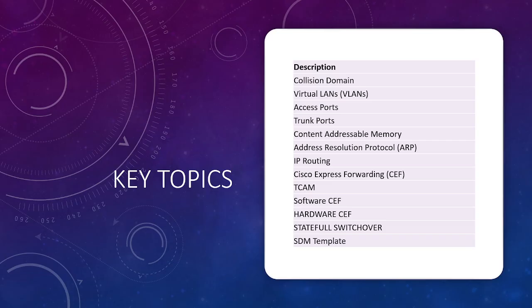At last, we discussed how to keep the network up and running when your RP or CPU fails. And then finally, we discussed how to optimize the resources of the switch using the SDM template.